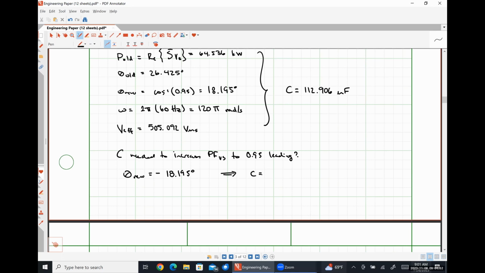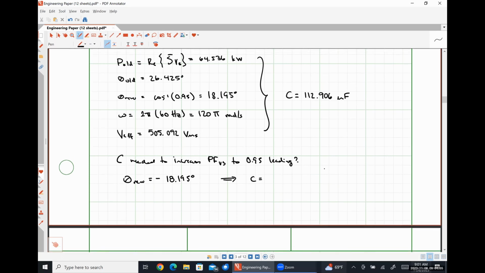Plugging in our values for this, let me do this again. 64,536 times tangent of 26.425 minus the tangent of negative 18.195, divided by 120 pi times 505.092 squared. 554.010 microfarads.